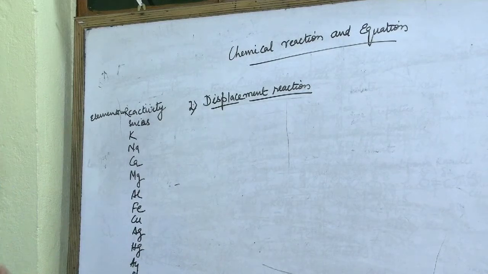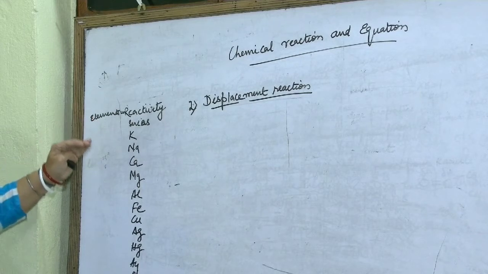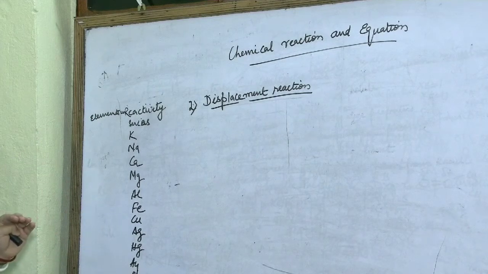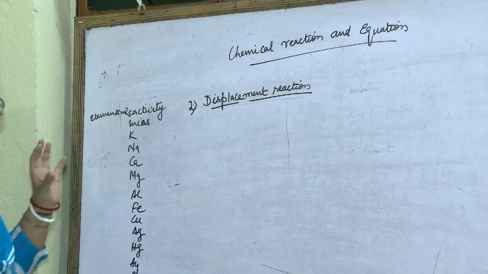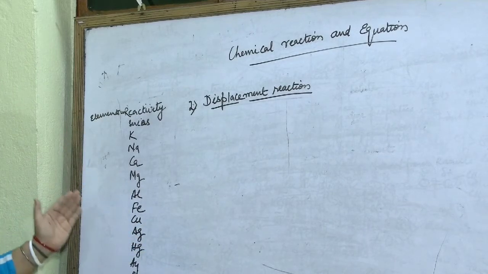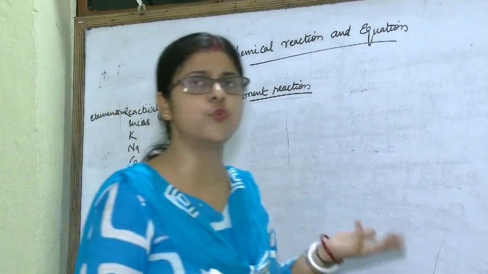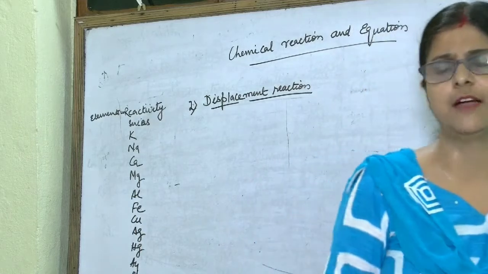I have written some of the elements according to their decreasing reactivity. First of all, to study this displacement reaction, you will have to remember this reactivity series. Which is the most reactive element? Which is more reactive than the other element? You will have to remember.